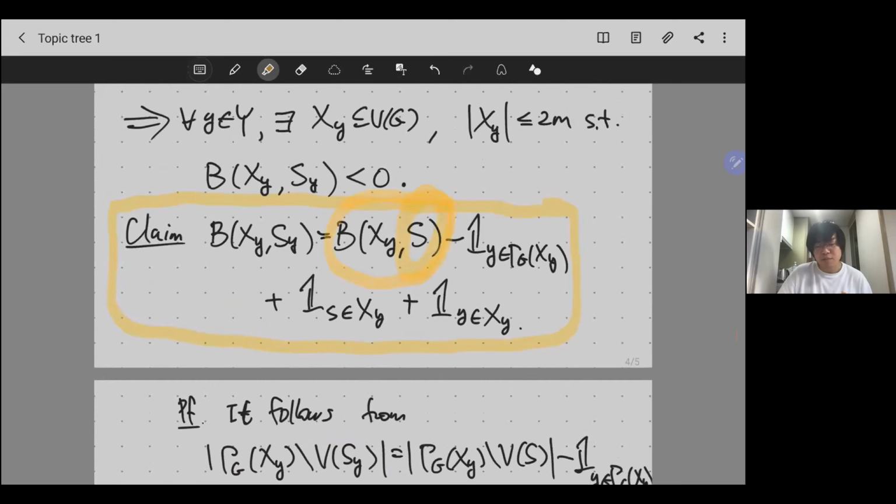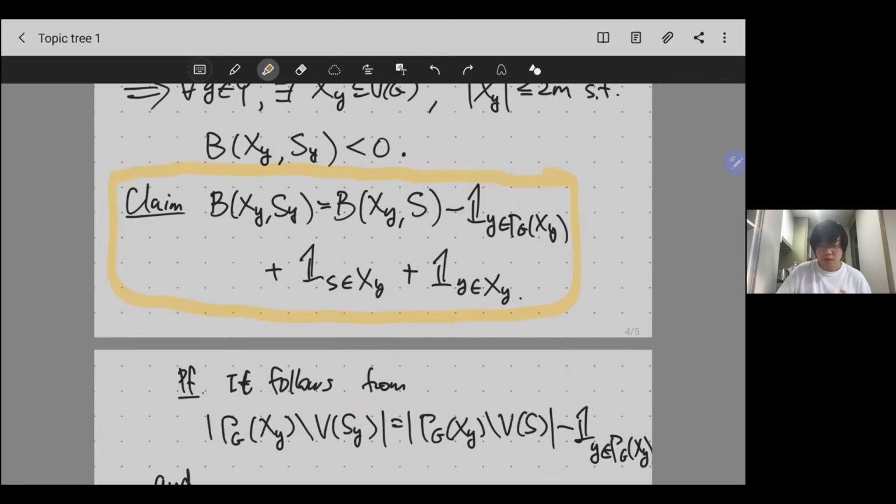In particular, that means the balance with respect to the previous embedding should be non-negative. So when you fall from non-negative to negative, we have to subtract 1 here, meaning that y has to be in the neighborhood of capital X sub y, and both of the other two terms have to be 0. Otherwise, you don't drop. So let me write it down.